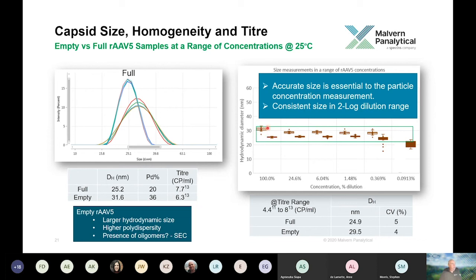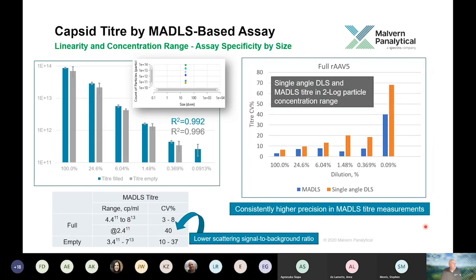The open boxes you can see here are the empty AAVs, and the filled boxes, the slightly smaller sizes, are the full AAV samples. Across quite a wide range of concentrations, we've got extremely good repeatability in our mean sizes. Coefficient of variation here is 5% in both cases.